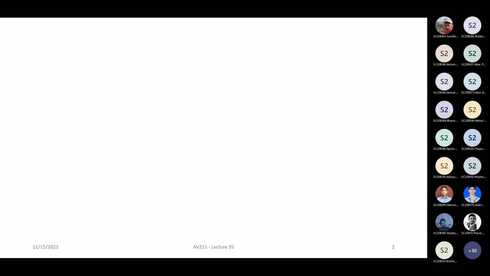Okay. Now, there is another RC oscillator, which is called the RC phase shift oscillator. Now, this is a very simple concept, so let me explain it to you.